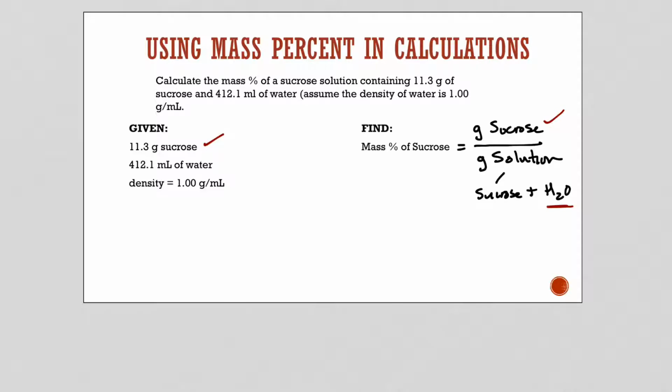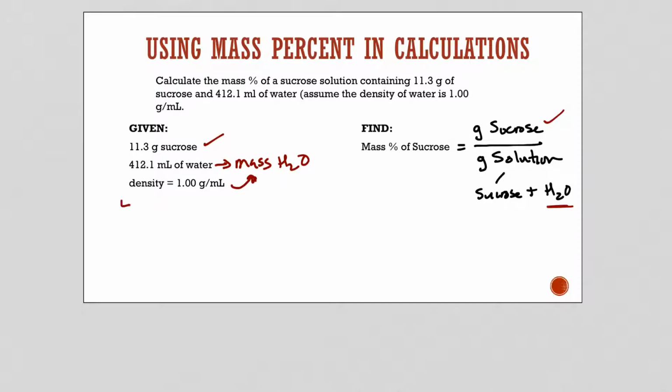So we can convert this to the mass of water using the density, right? So let's go ahead and do our math here. Let's first convert our volume of water into mass.